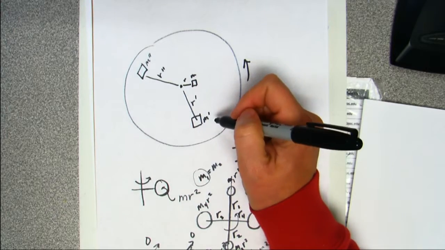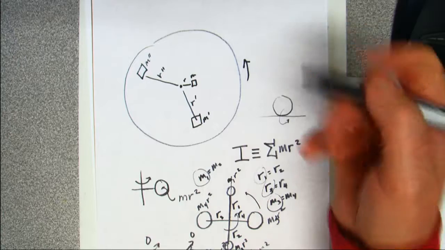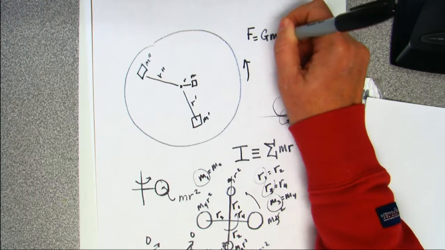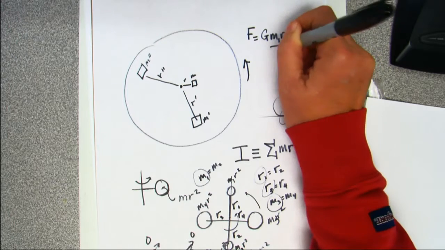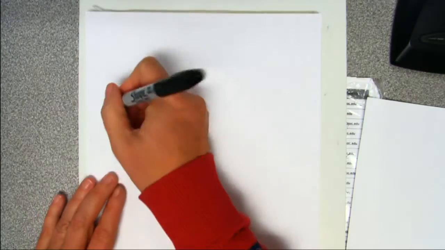When we did F equals G M1 M2 over R squared, we talked about this concept that things are going to behave via the center of mass. And I think I even demonstrated it a little bit.